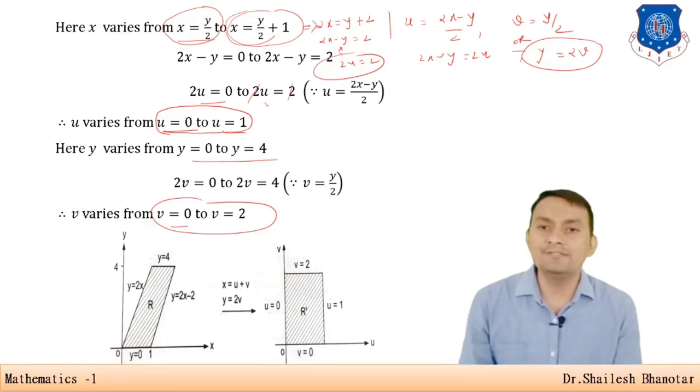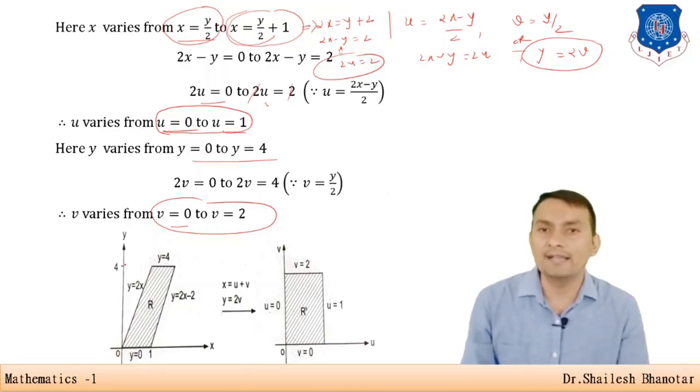So let us draw the figure. First, it is given that x is equal to y by 2, so I can say 2x is equal to y. It is passing through the origin, so this is the line. And from this, I can say 2x is equal to y plus 2.